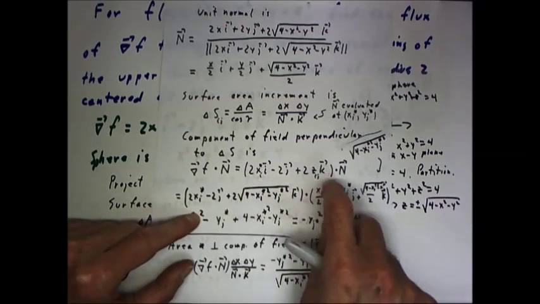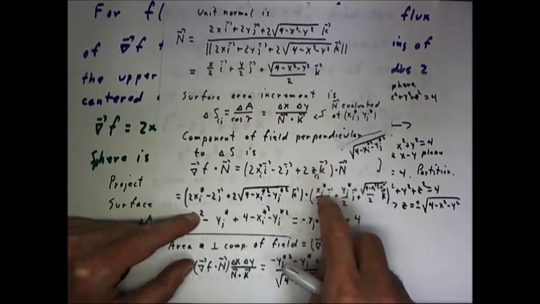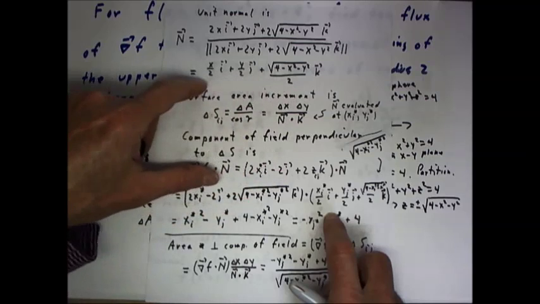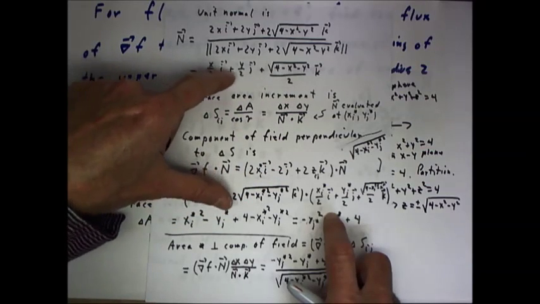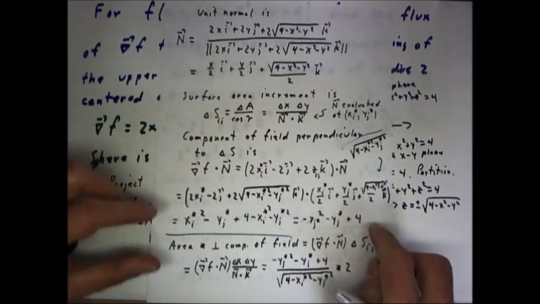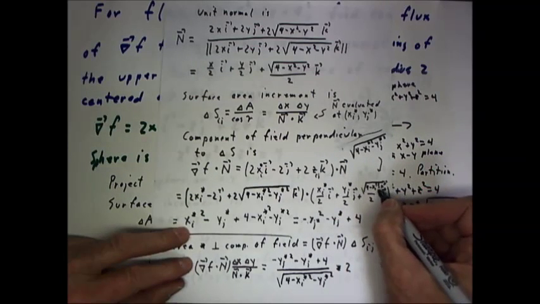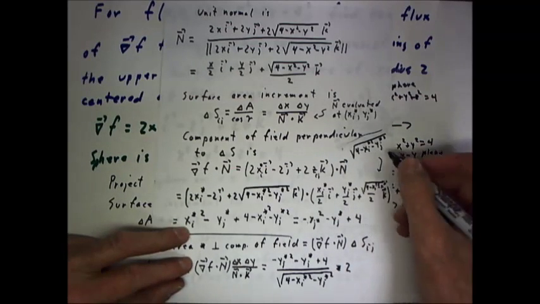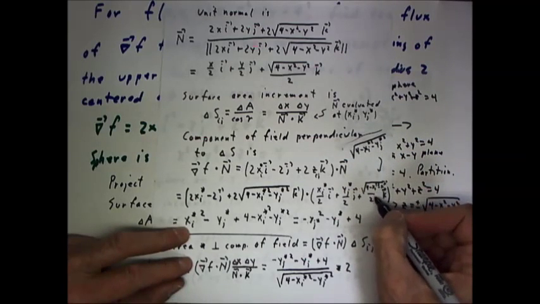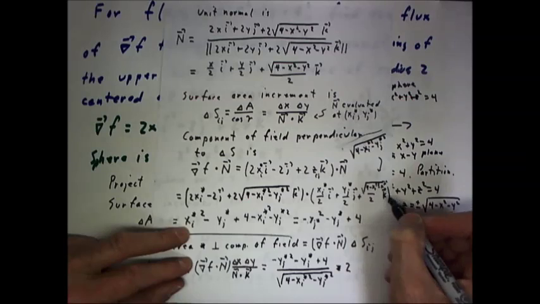So our del f is this. Our n is just what it is up here, except our x becomes an xi star, our y becomes a yj star, and this square root here might be written a little bit small, but I've written it out a little bigger here with an arrow to indicate that's what we have down here.